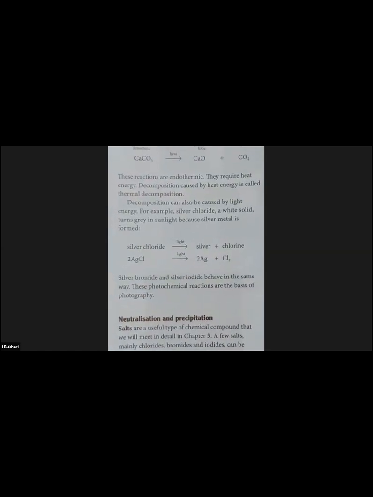It is mentioned somewhere here. Silver chloride, a white solid, turns gray in sunlight because silver metal is formed. No, this is chemical.